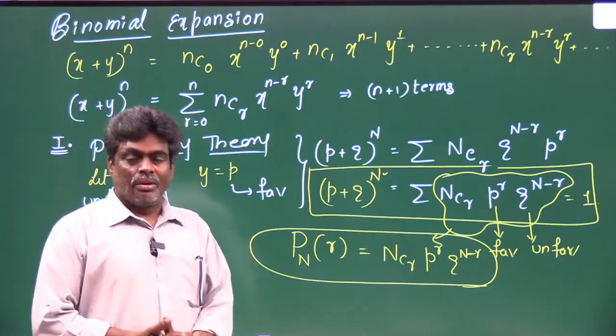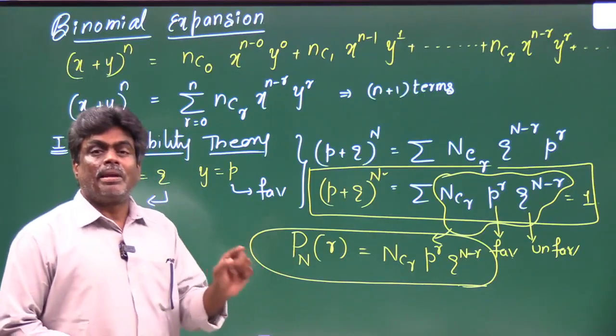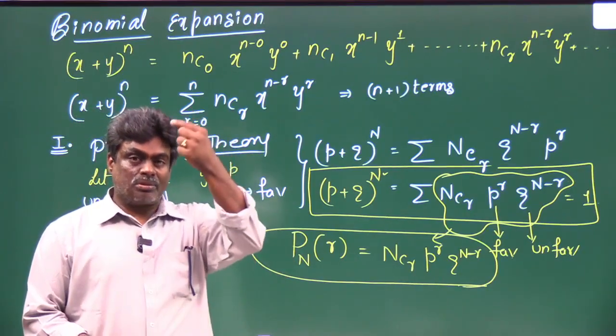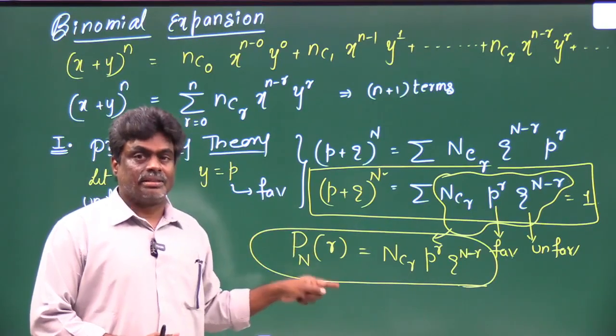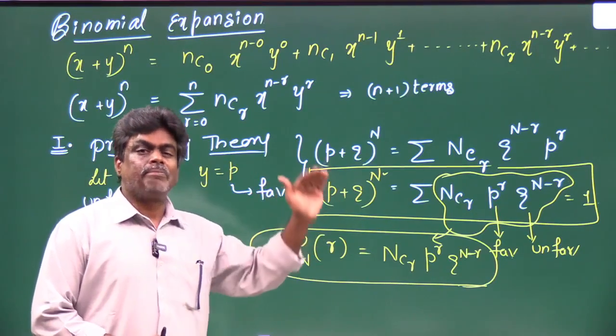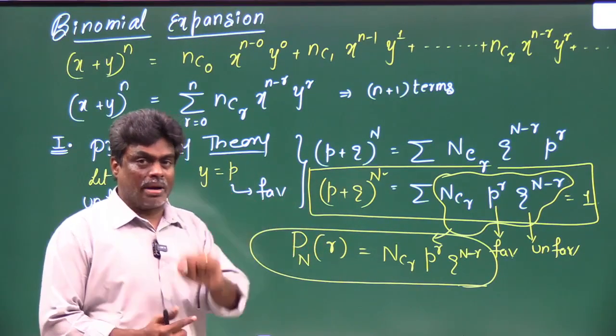Once again, the probability of getting R times in your favor out of capital N tries is NCR P power R Q power N minus R.